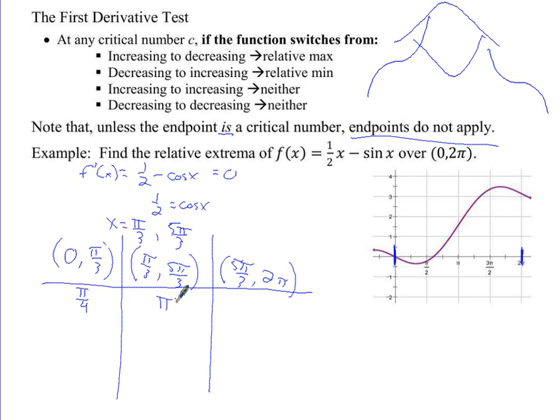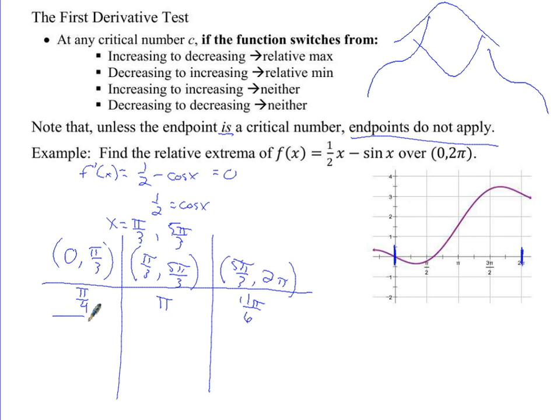And then somewhere between 5 pi over 3 and 2 pi. 11 pi over 6? Okay. 3 pi over 2 is not between. Look at your unit circle and make sure you're picking something between.